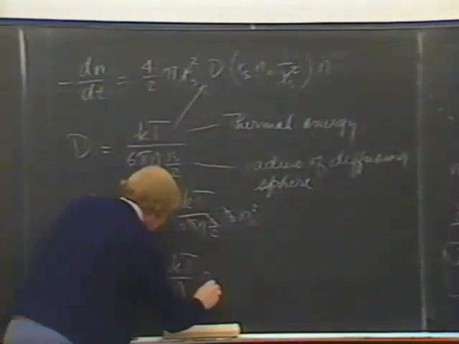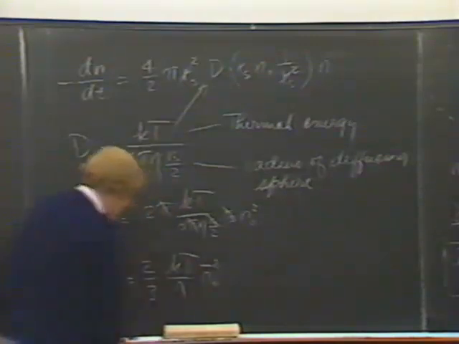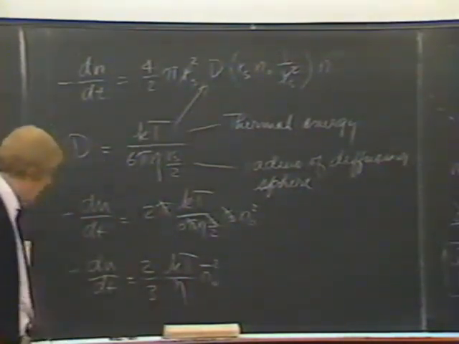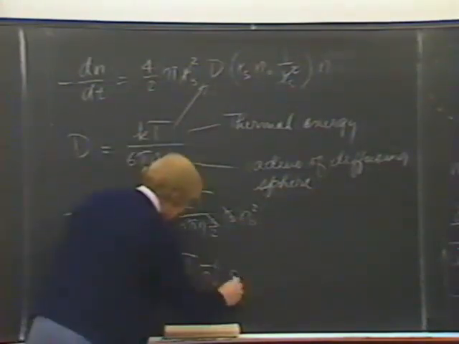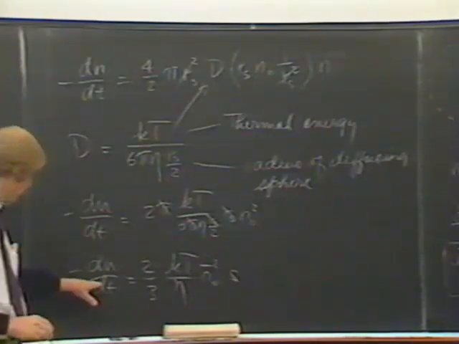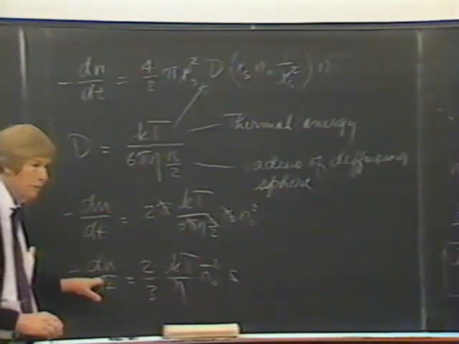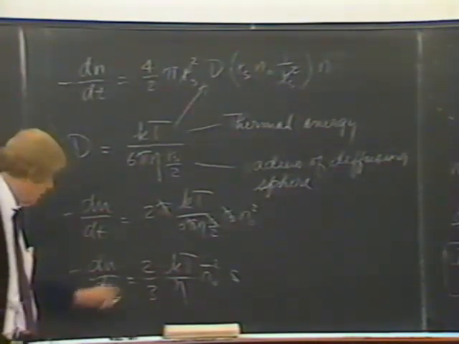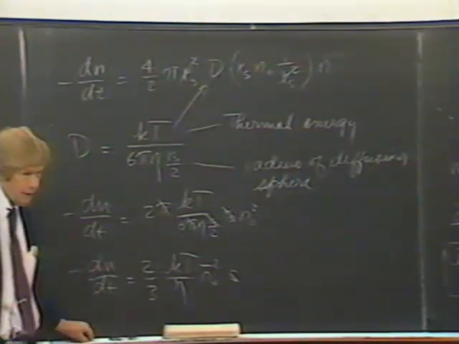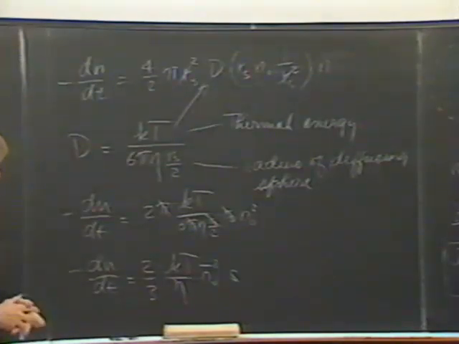And I put a sticking factor on there that ranges from 0 to 1, when we talked about the decrease in numbers in there. So the number here is 2. Now it gets a little more complicated when you consider spheres of different sizes. But this is essentially what you're asking.